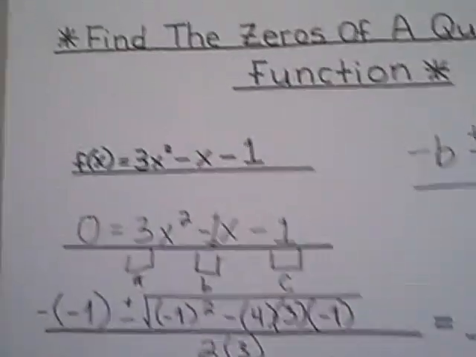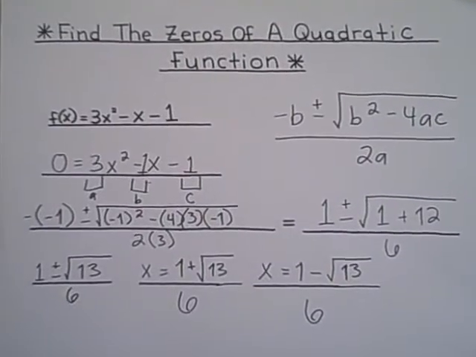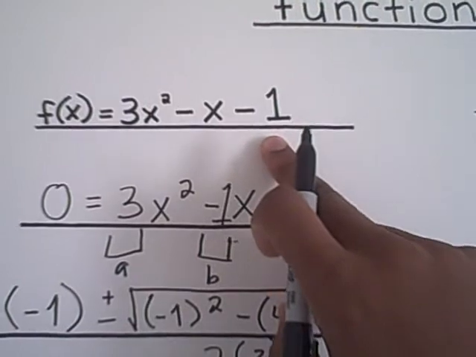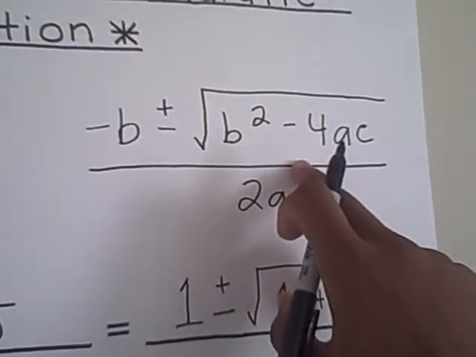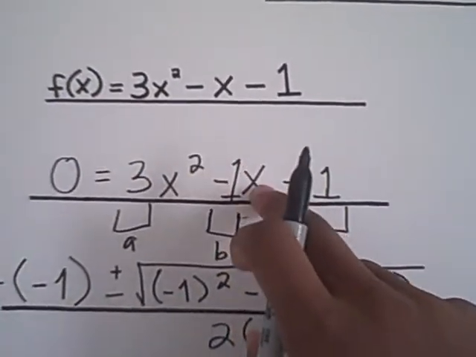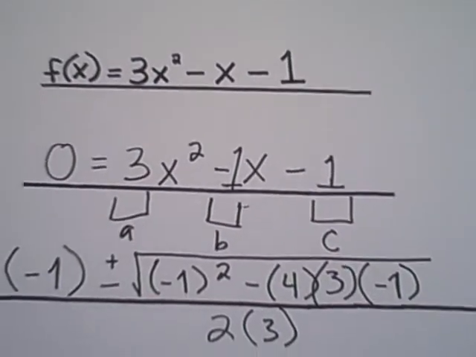And here's my total problem. Here's my total equation right here, and here are the steps we took. Step one was over here: we had to find the quadratic formula for our equation. Then we had to find the a, b, and c variables for that equation.